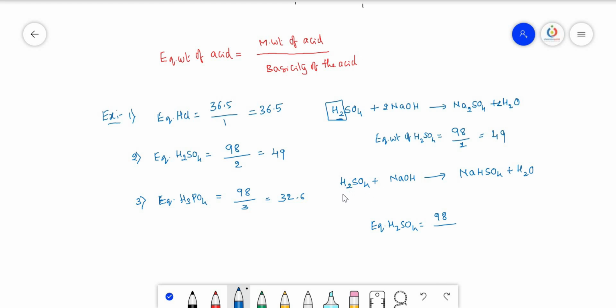In this reaction, out of 2 H plus ions, 1 H plus ion is still with the SO4, and only 1 H plus participates in the reaction. So it released only 1 H plus ion, not 2. Even though it has 2 H plus ions, it released only 1, so 98 by 1 equals 98. So in this particular reaction, H2SO4 equivalent mass is 98. In the earlier reaction, H2SO4 equivalent mass is 49.